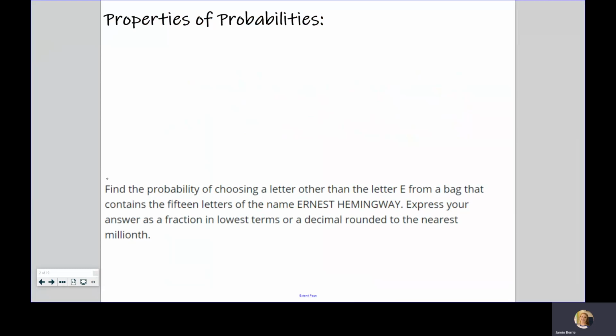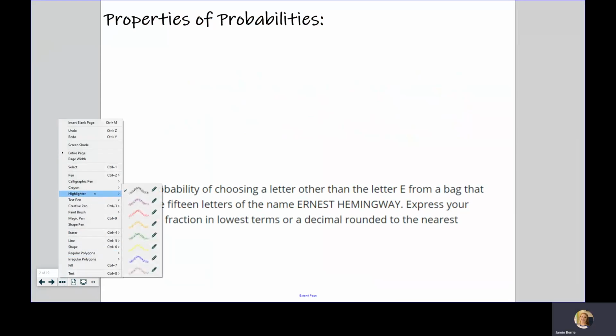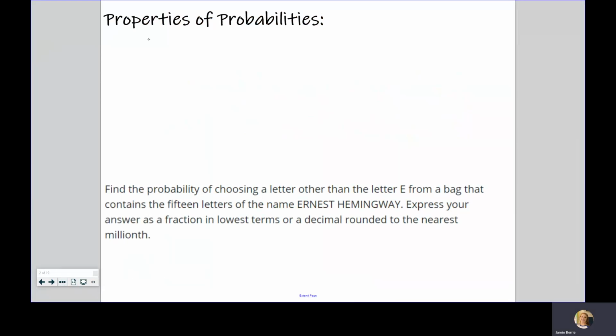So first, let's talk about a couple of properties of probabilities.